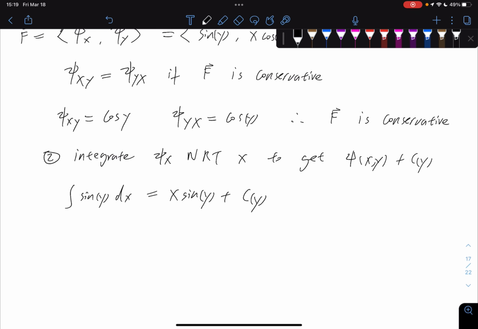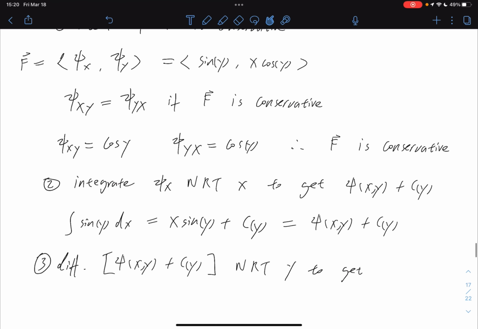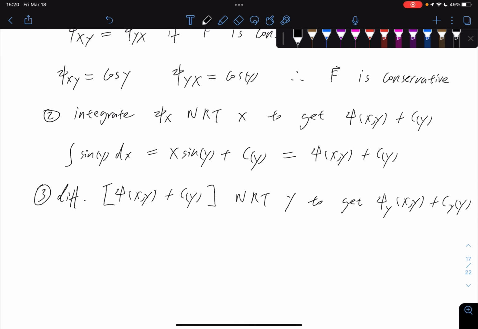Once we obtain this, ψ of x, y equals x sine y plus c of y, we need to differentiate this term that we just obtained with respect to y, to get ∂ψ/∂y. So let's differentiate with respect to y.